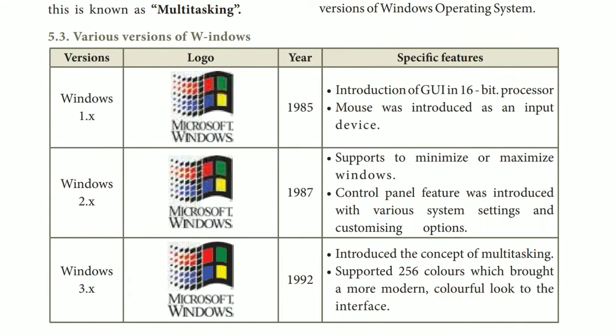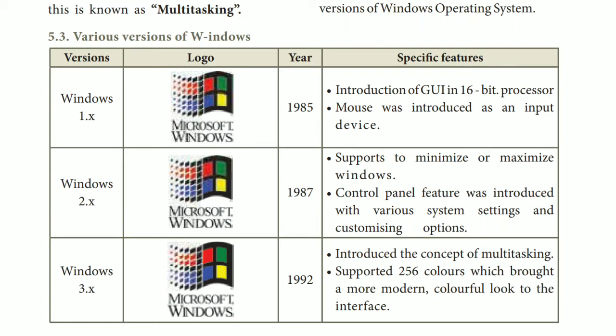So Windows 1.x is the first Windows operating system that brought GUI into existence. The mouse was introduced as an input device to this operating system.